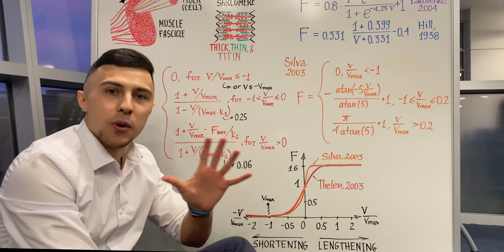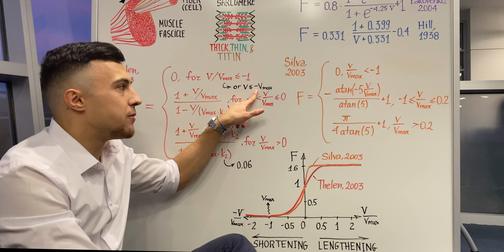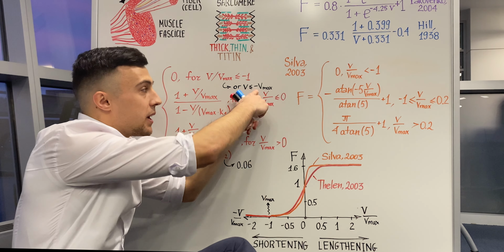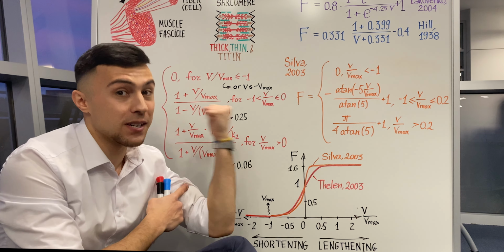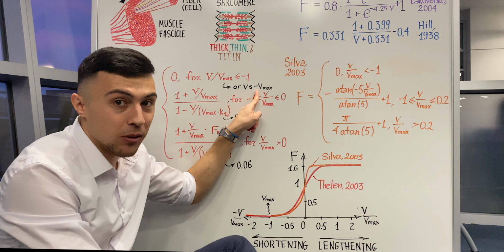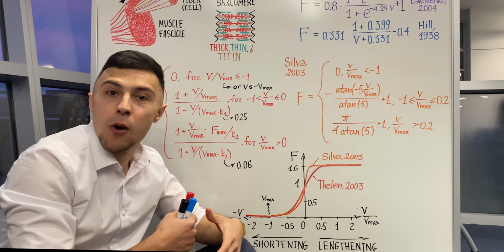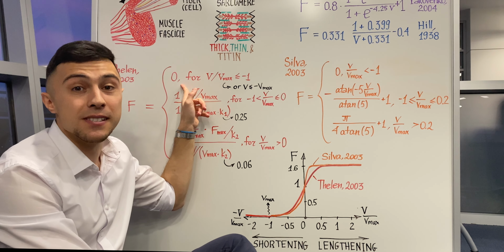So Thelen proposed that the force will be 0 for the velocities smaller, and we're saying smaller because the velocity of the concentric contraction or muscle shortening is negative, smaller than the maximal velocity of the contraction. So once again, those cross bridges won't just form. So that's why we equate force to 0.